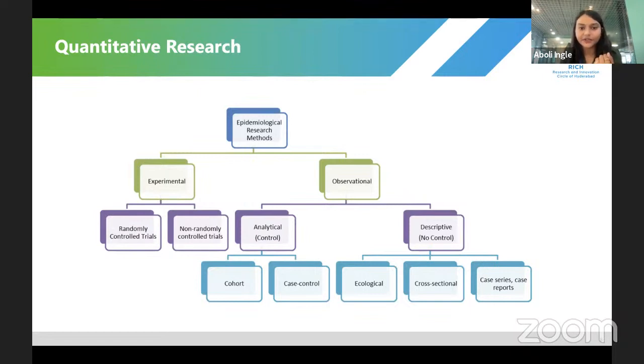Then we have observational. Observational is further divided into analytical and descriptive research.